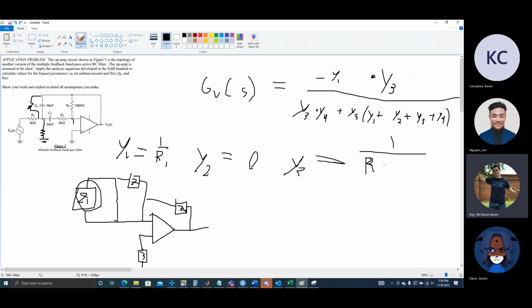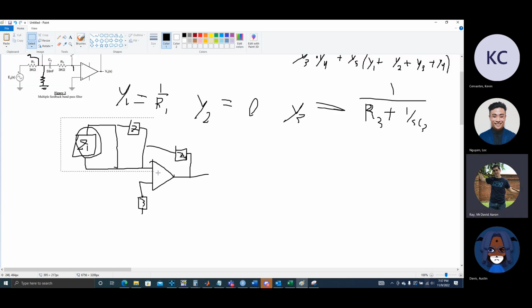That's what's happening. So it's going to be 1 over R3 plus 1 over SC3, because R3 plus 1 over SC3 would be the Z3 value. And then Y3 is 1 over your Z3 value.